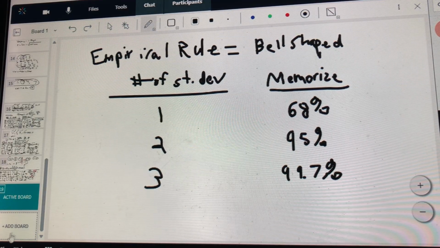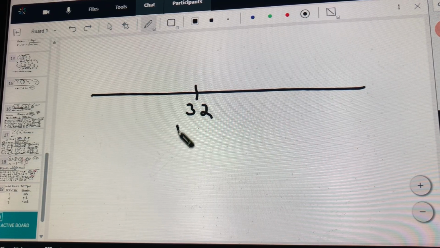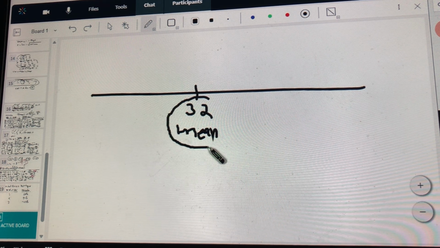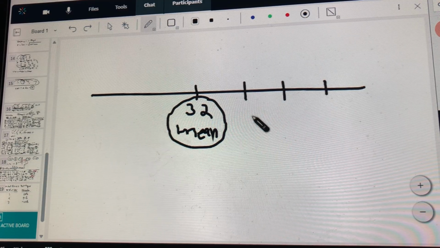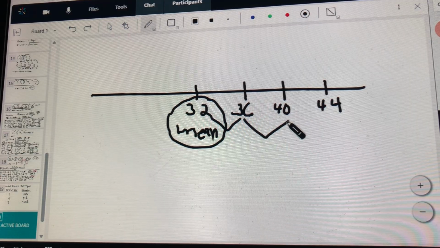Make a number line with that. Whenever I'm doing the empirical rule, I always make a number line, put the average or the mean in the middle, and it's bell-shaped, so the mean and the median are in the middle. Then add the standard deviation 3 times. I add 4, add 4, add 4, because the standard deviation was 4.